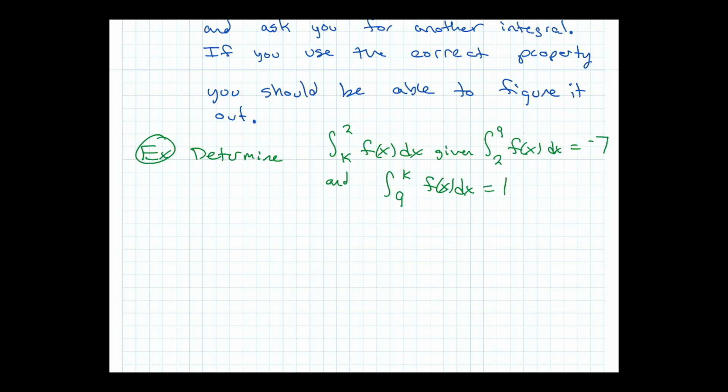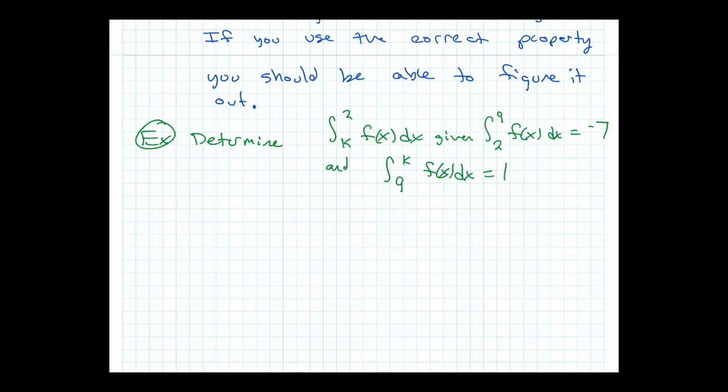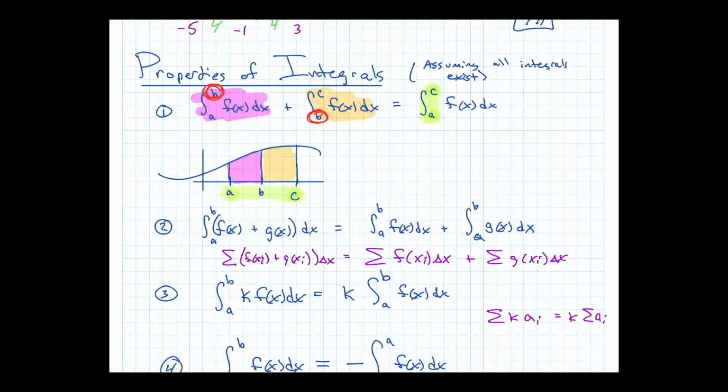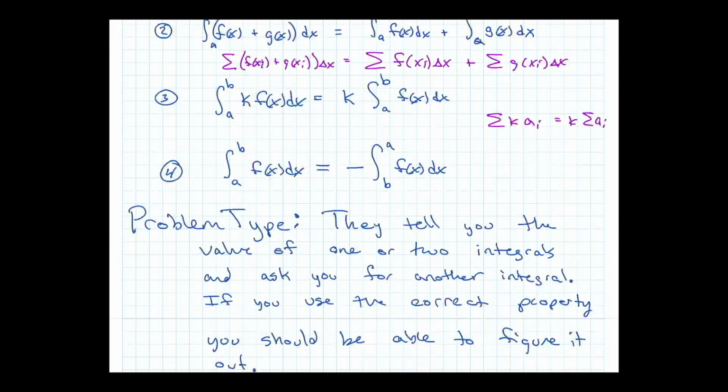All right. So when you see three integrals like this and you see numbers that match, like the k here and the k here, that's a clue that you should probably be using this first property here, where you've got the upper limit here and the bottom limit here. So we should know that this is what we're using.